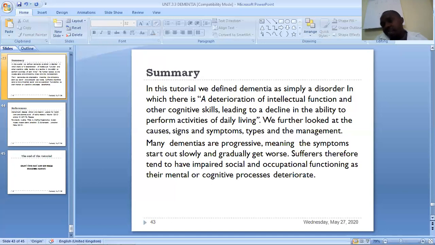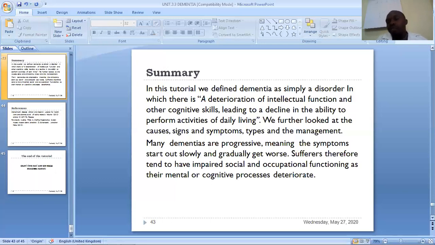Computed tomography can be done, especially in the suspicion that maybe there can be a clot in the blood vessels of the brain, or maybe there can be some soft tissue injury in the brain. Magnetic resonance imaging can also be done. Even HIV testing can be done to rule out HIV infection, even a full blood count, just to notice if there are any bacterial infections that have set in this individual.